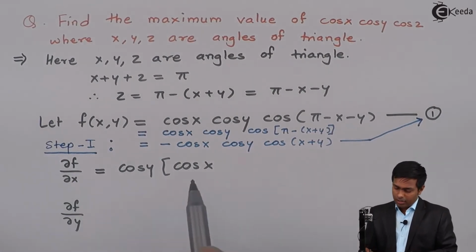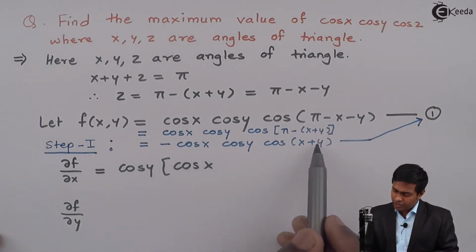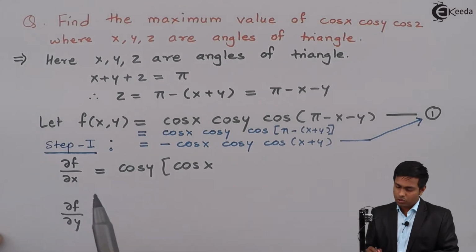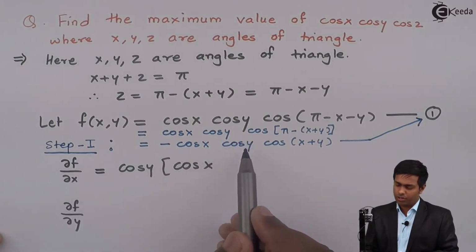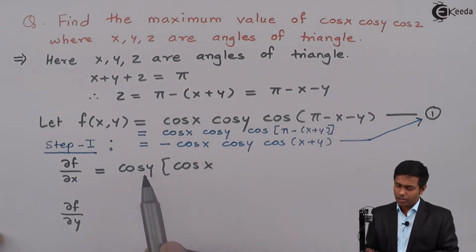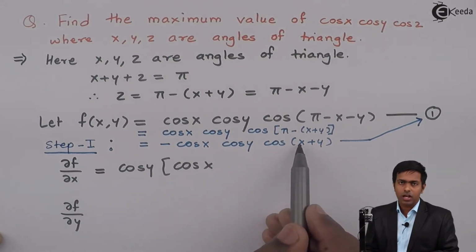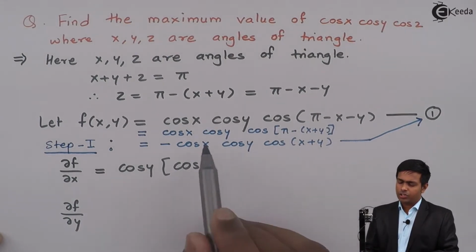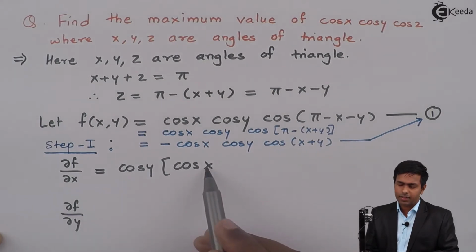Now let's partially differentiate this function with respect to x. Cos y does not have any x, so I am keeping it outside as a constant. These two functions have x, so we'll use the product rule. So cos x as it is.